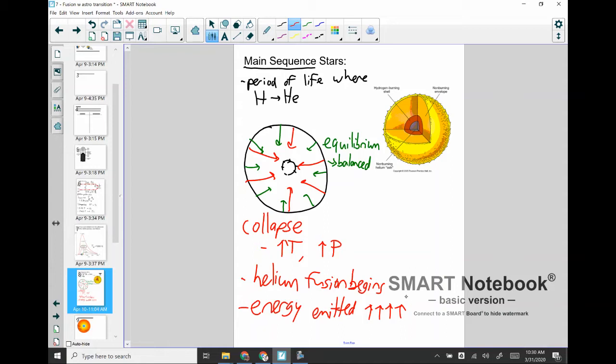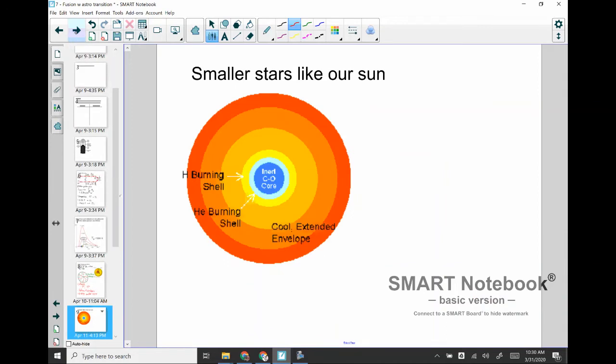So what happens next really depends on the mass of the star. Some very, very small stars don't even really have this core. They're burning hydrogen into helium throughout, and it's sort of like a soup that's mixed up. What our sun is going to do, smaller stars like our sun, they are going to have this helium burning shell, the light blue, the teal color around the dark blue center, where they will take 2 helium nuclei.